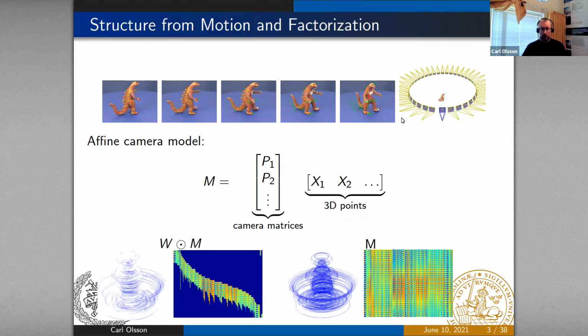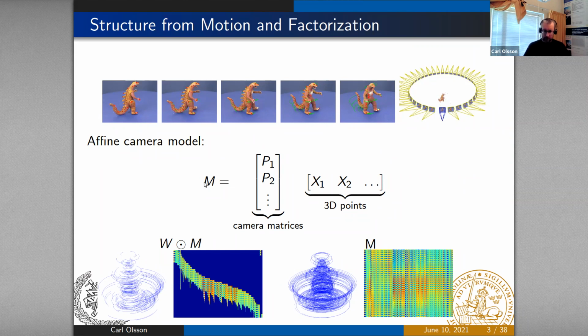And the way you do it is you track points in these images. So I have some red points here on the dinosaur, and these are being tracked. So I record their coordinates, and I get the tracks like this.